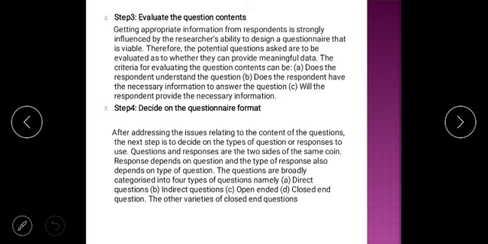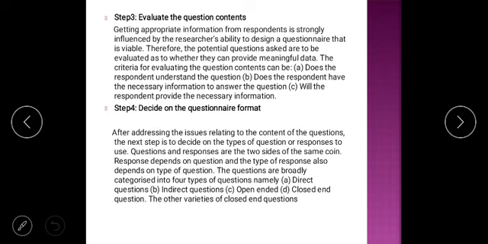If, as a respondent, I am not understanding, then I may skip the question, or I may not give a genuine answer. This is one of the drawbacks of the questionnaire method, so the researcher has to look into these things first.